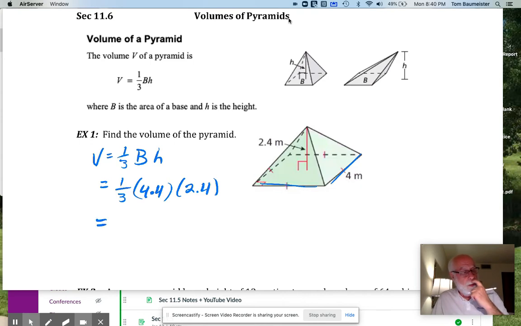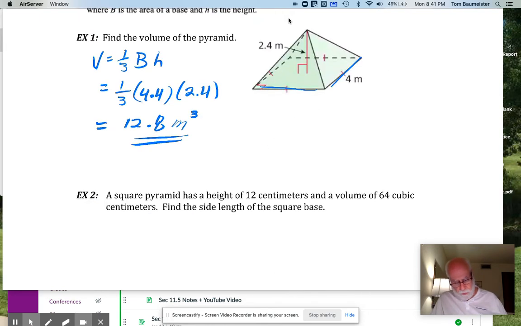If I plug all of that into my calculator, I simply get 12.8 meters. Remember, volume is always cubed, so it's cubic meters. And we're done with that one.